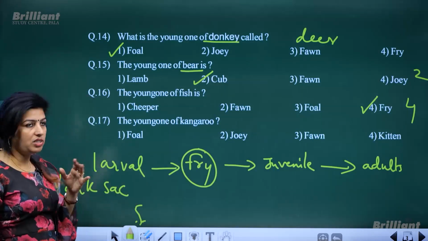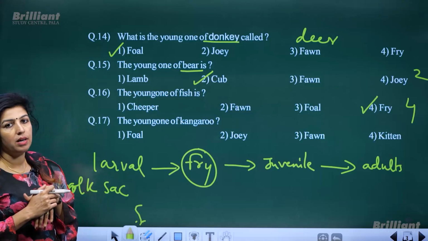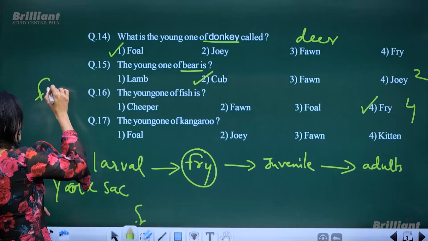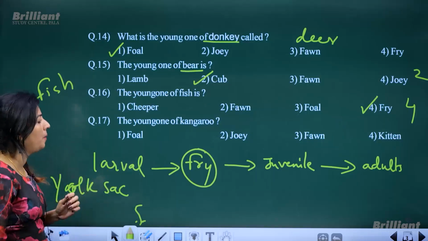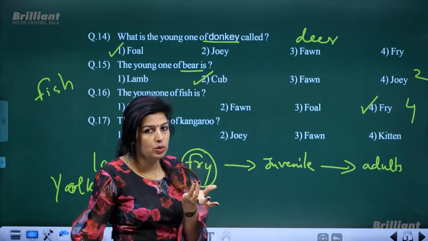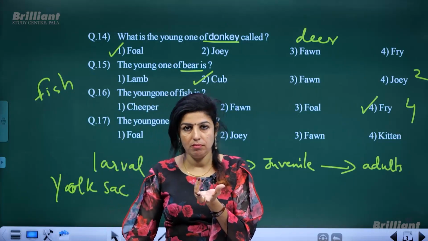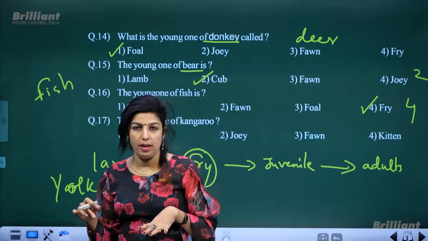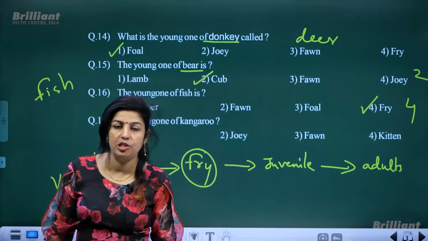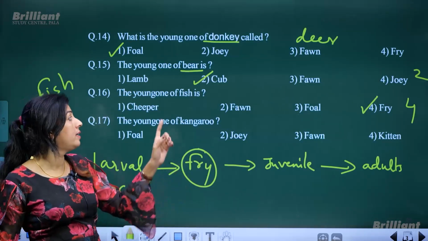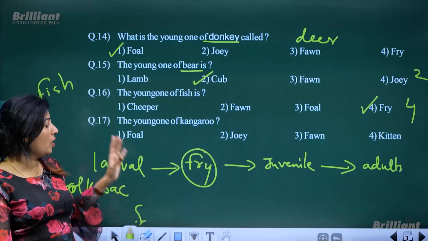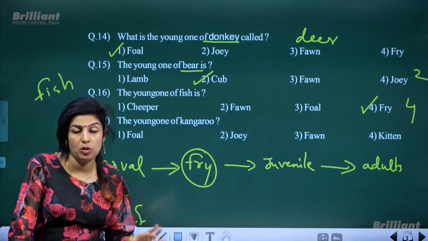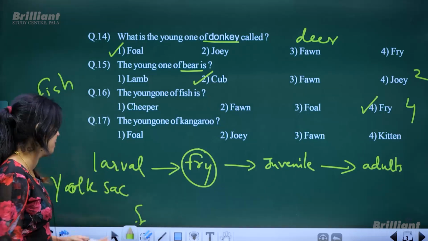Okay, another thing I just want to ask you, do you know what is the plural form of fish? Obviously the plural word that comes to your mind will be fishes. Actually, this is one of the words for which the plural also is fish, just like sheep.